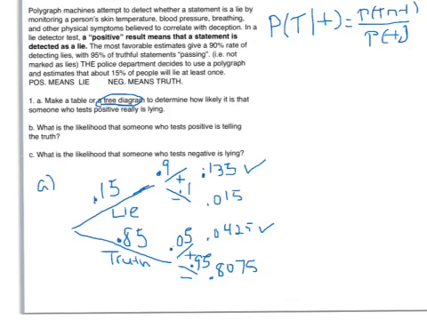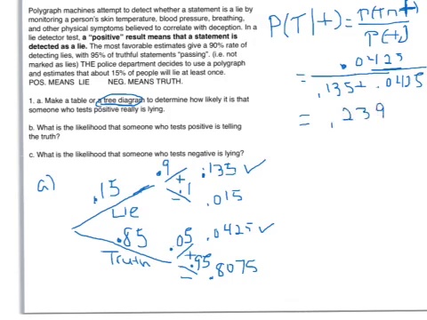So the denominator is 0.135 plus 0.0425, because that's all the places that it would have tested positive. And then truth and positive is going to be 0.0425. And this turns out to be about 0.239. So just under 24% of the time, the person will be telling the truth, even though they've tested positive. So that's part B.